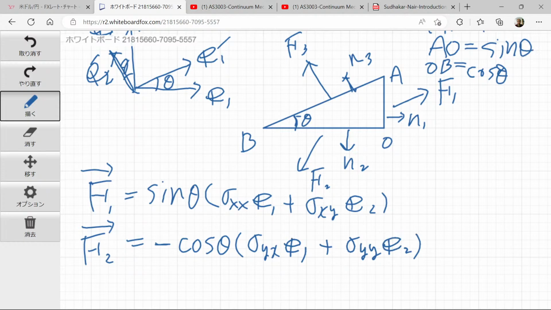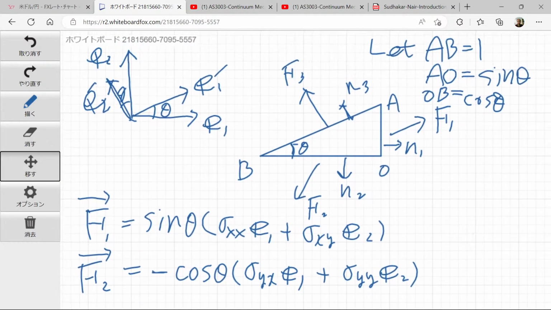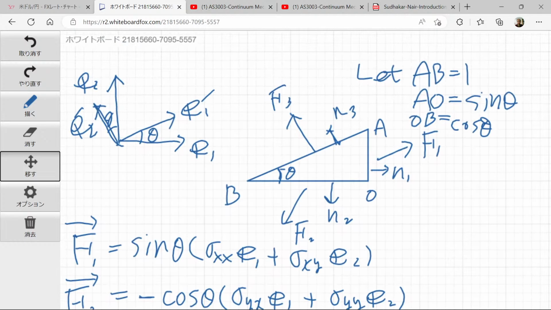Then for the third one, we better use a primed coordinate for F3. So actually the direction of F3 could be tilted.